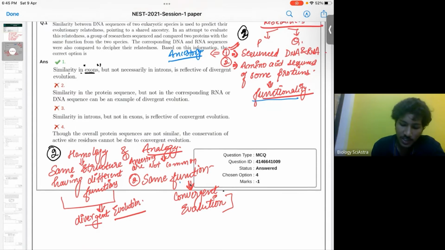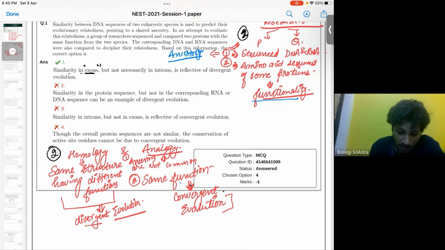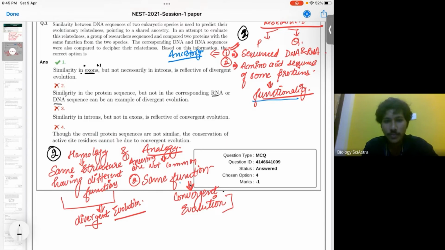Now the second statement is saying that similarity in the protein sequence but not in the corresponding RNA or DNA sequence can be an example of divergent evolution. So divergent evolution means what? Common ancestry. And I have already told you that common ancestry is tracked by DNA and RNA sequences, not the protein or amino acid sequences.